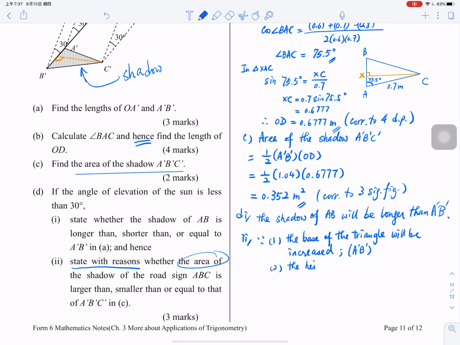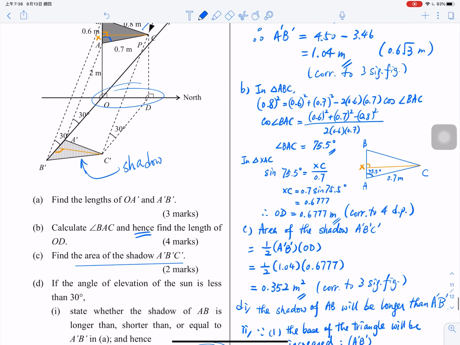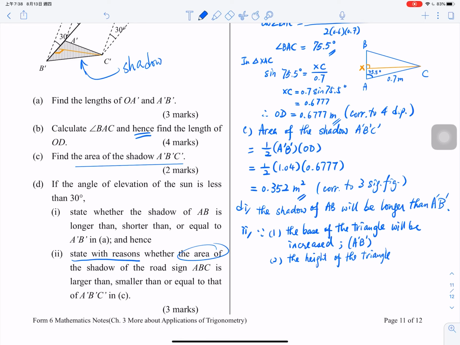Yeah, because we know that the height of the triangle, just now we said that here is a shadow and the height of the triangle is actually just the same. Okay, so the height of the triangle will remain unchanged. Right. So base increased, height remains unchanged.